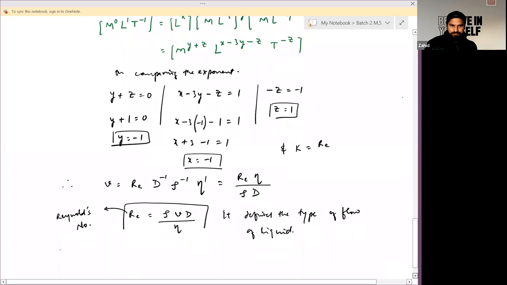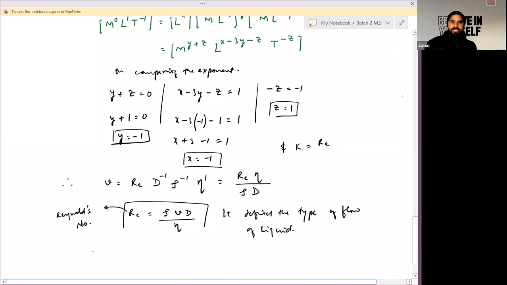Suppose if RE is less than 1000, so it will be streamlined. If RE is greater than 1000 but less than 2000, so it will be laminar.